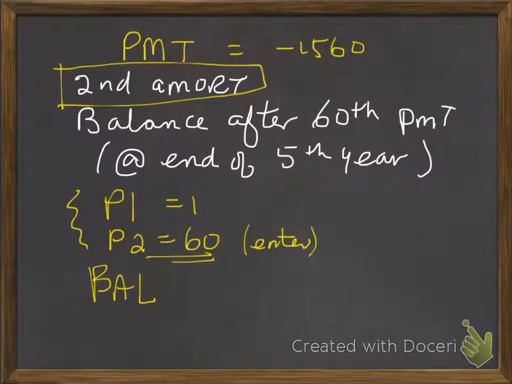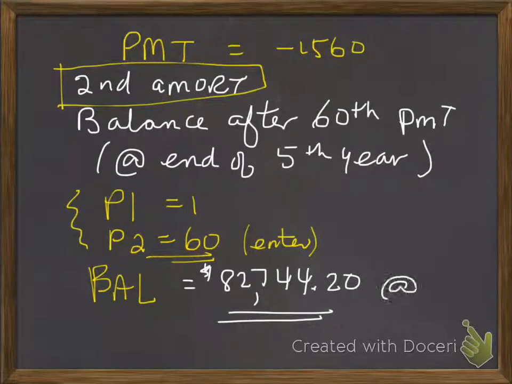And your calculator should give you a value of $82,744.20. And that is how much is still owing at year 5. And now what you're going to do is enter that as the present value for the remaining 5 years.